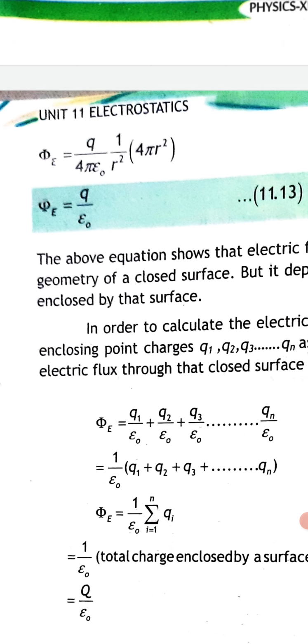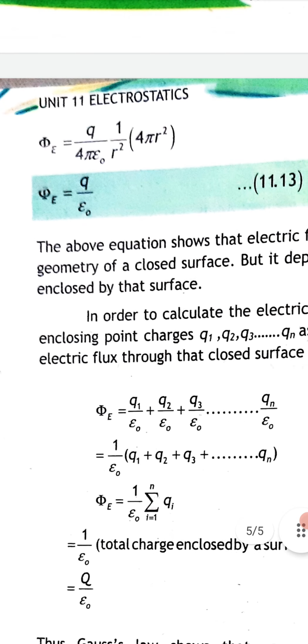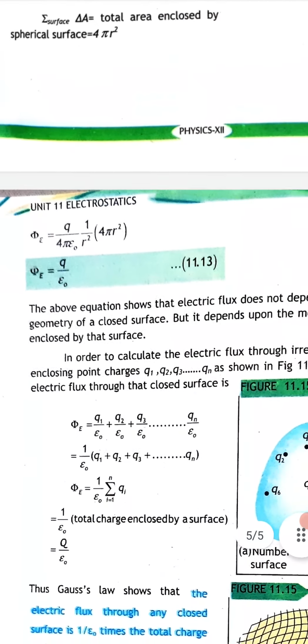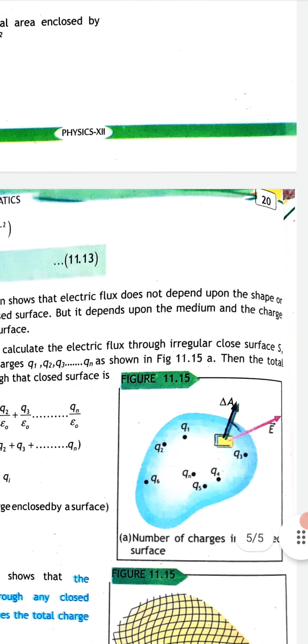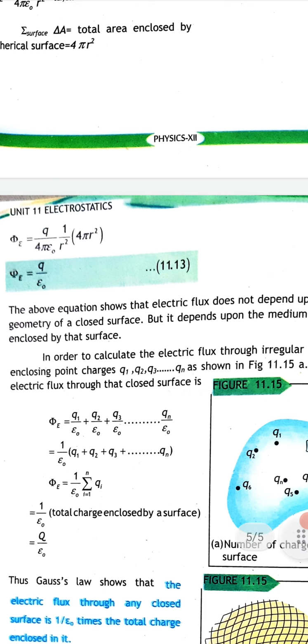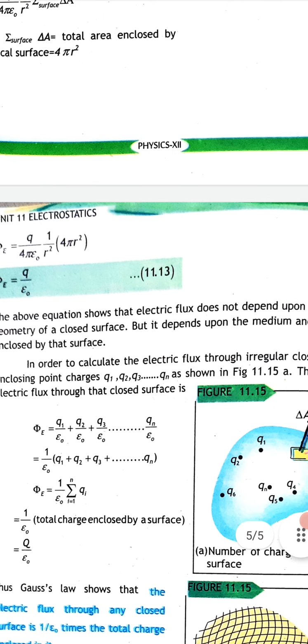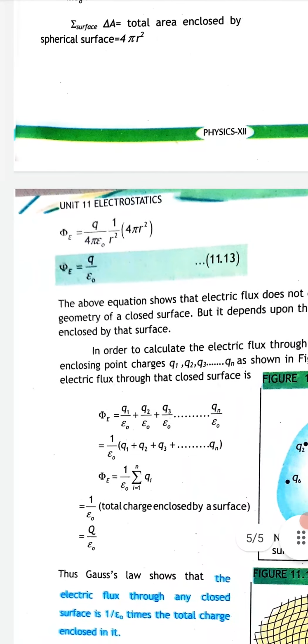Now, this mathematical equation simply states that the electric flux through the closed surface is equal to 1 by epsilon naught times the total amount of charge enclosed by the closed surface, that is, the charge divided by the permittivity of free space. The above equation shows that the electric flux does not depend upon the shape or geometry of the closed surface, but it depends upon the medium and the charge enclosed by that surface.